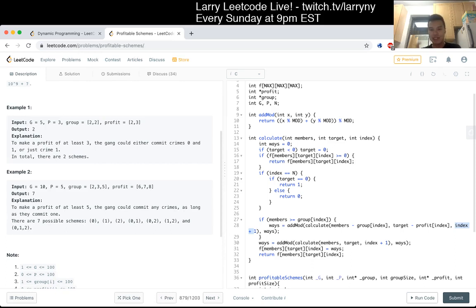Because of that, you always only need two copies of the matrix, because you only need the previous copy.